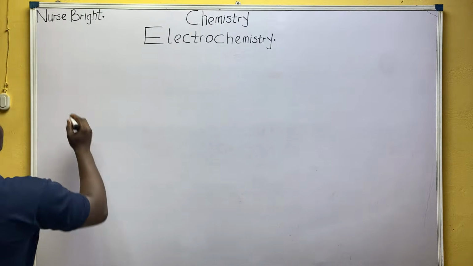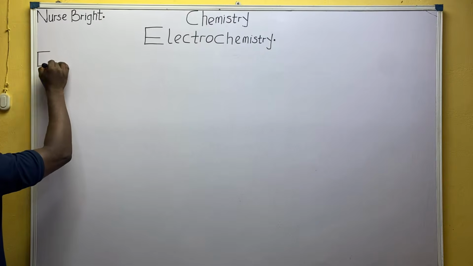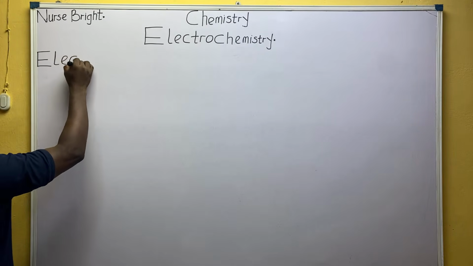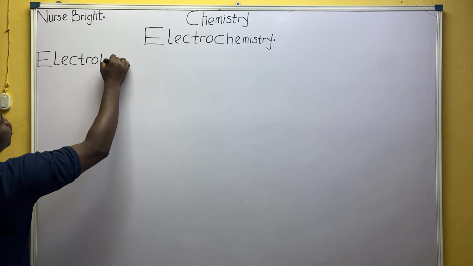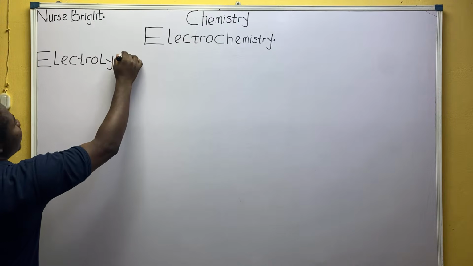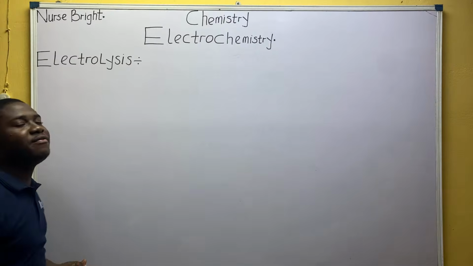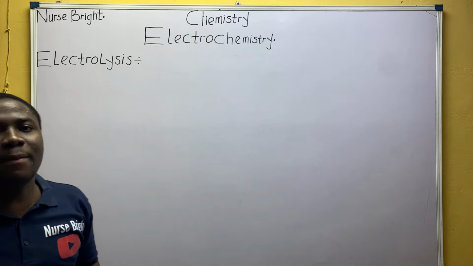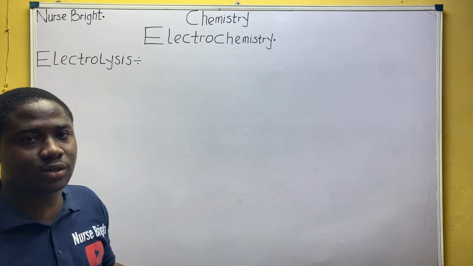The first thing we must learn when we study this topic is a term called electrolysis. Class, pay attention. This is very, very important. We must know what this term electrolysis is all about. So what is electrolysis?